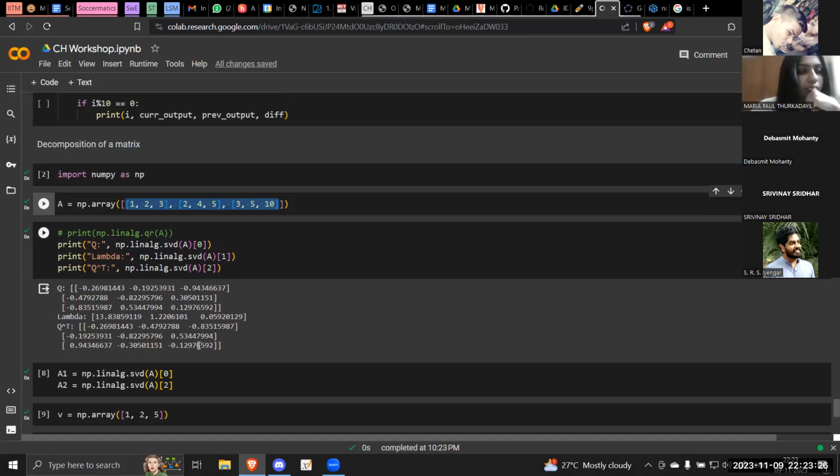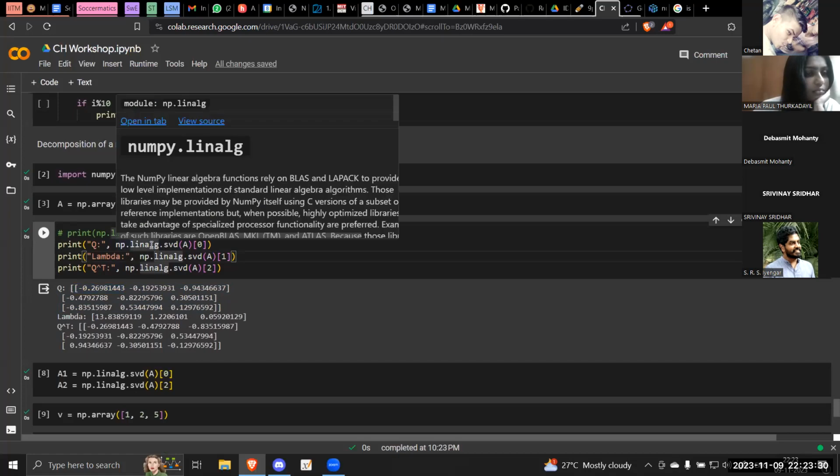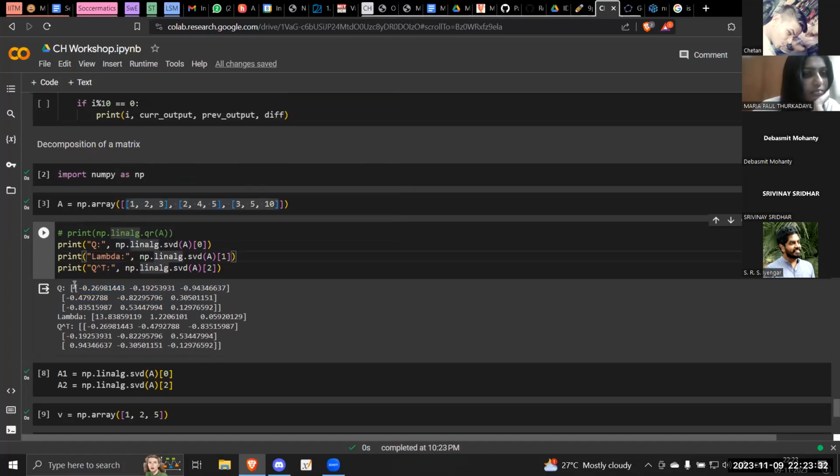Okay, show me. So SVD does Q lambda Q transpose, right? For a square matrix, yes. But I can see that the last entry is being negated. I'm not sure why. Maybe the matrix has complex eigenvalues. Okay. Let's see.